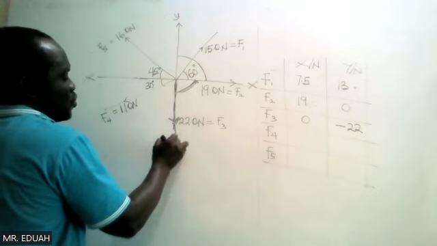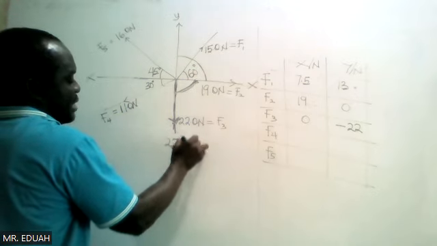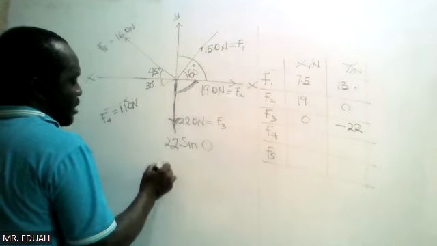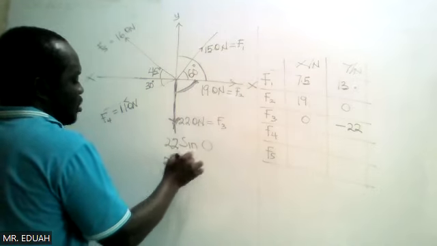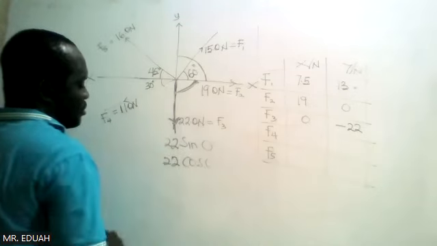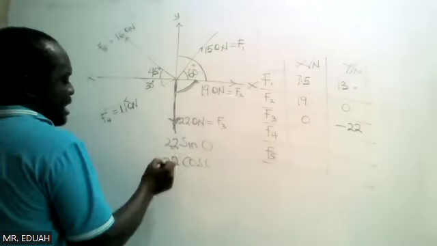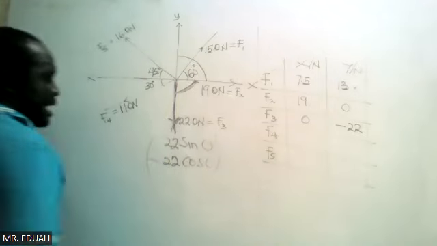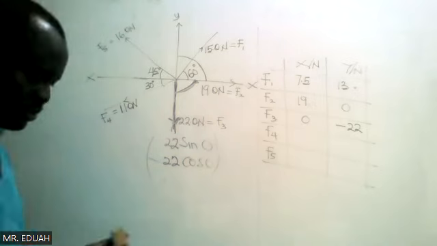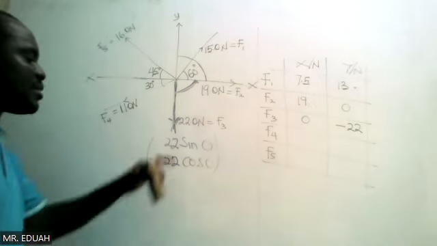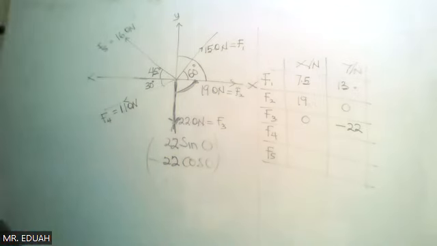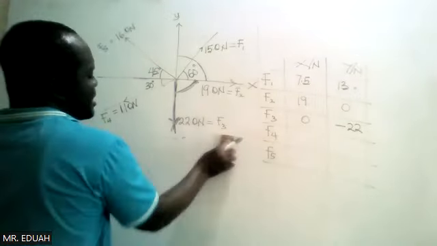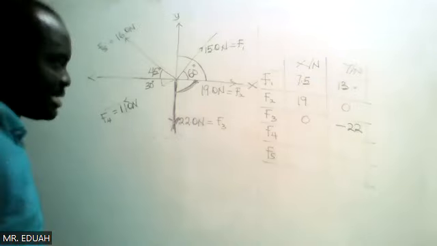So 22 sine 0 and then 22 cos 0. The vertical component falls to the negative, so minus. Sine 0 is 0, whereas cos 0 is 1, which will give you the same result. So there are a lot of ways of doing this.